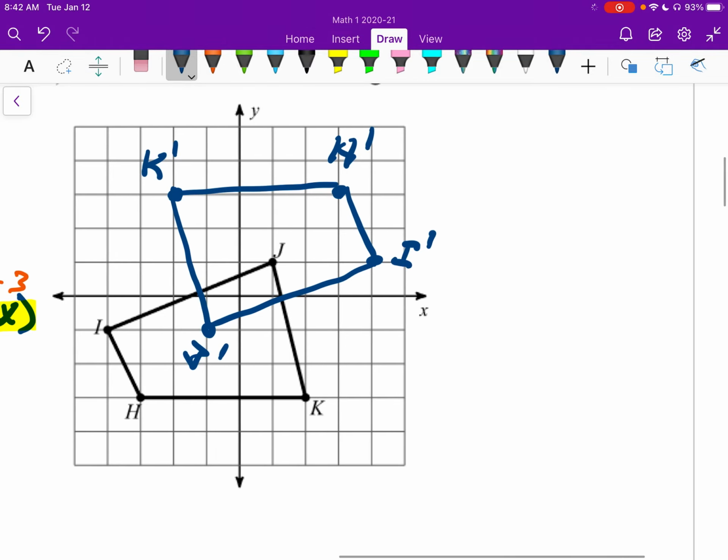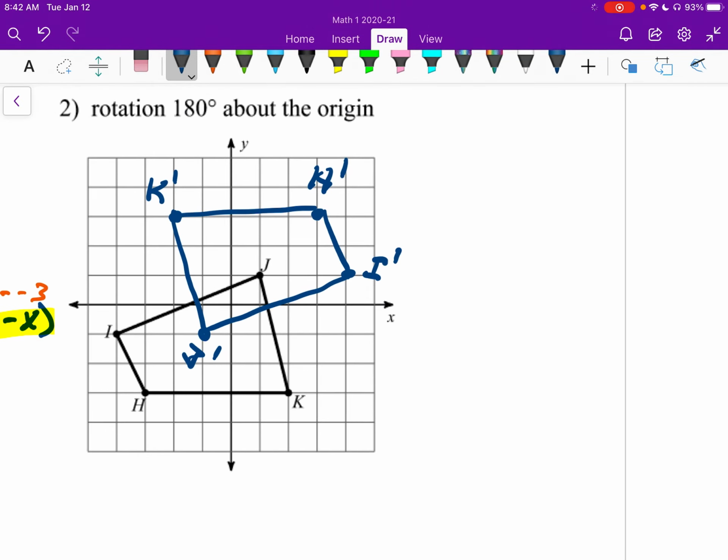Now, just like last time, I want to make a formula for this. Let's look at J. Those would be easy. Actually, let's not do J, because that's a 1, 1. Let's do maybe I. I is at -5, -1.